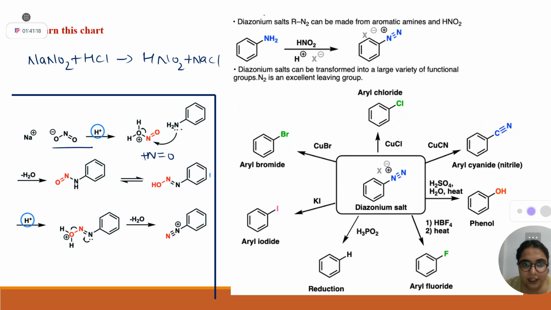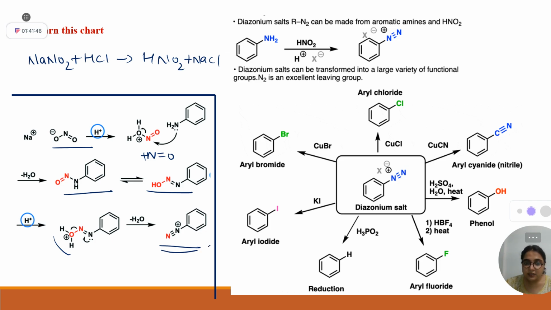This will be attacked by the lone pair of aniline nitrogen, and you will get this intermediate. This is its tautomer, 1,3 hydrogen migration, a type of keto-enol isomerism. Yes or no? Then again, acidic media is there, protonation and leaving of the H2O molecule will give you aryl diazonium salt.